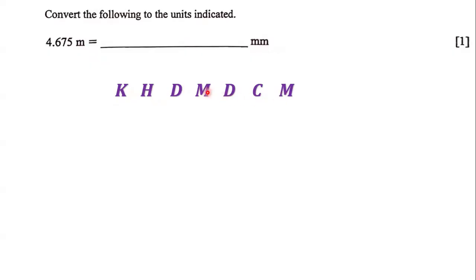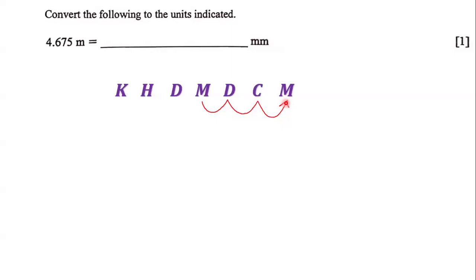How many times will I move over from meters to millimeters? 3 times. So 1, 2, and 3.